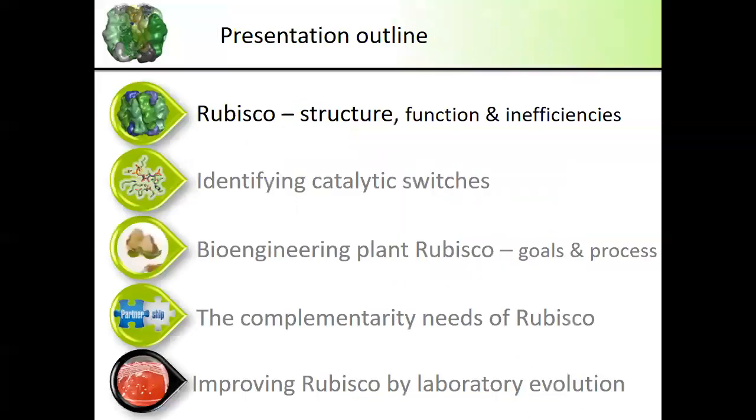So today I'm just going to break my talk into 5 different sections. And again, I'm not assuming everyone knows all about Rubisco, even though it is the most abundant enzyme on Earth. And then we'll go through these other topics: how to identify amino acid changes which confer changes in the catalytic properties of Rubisco. How do we engineer Rubisco in plants?